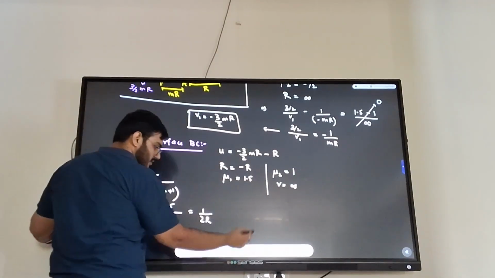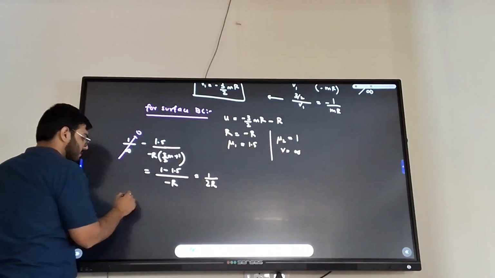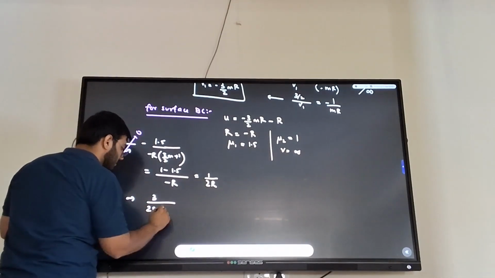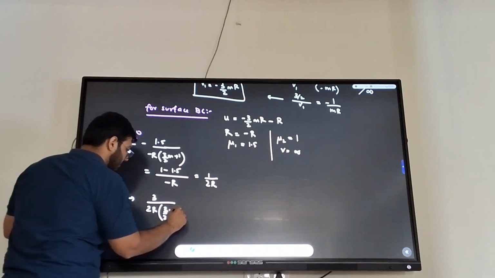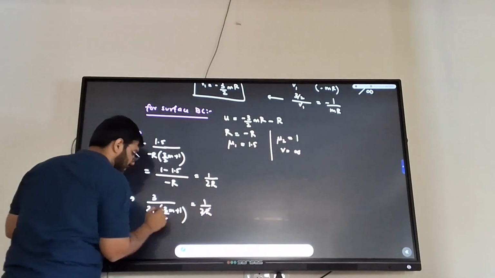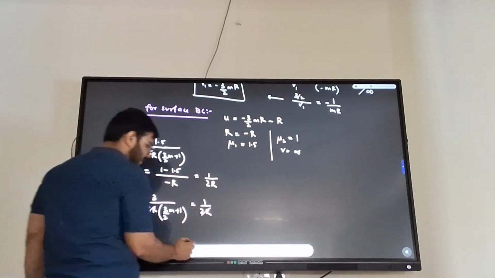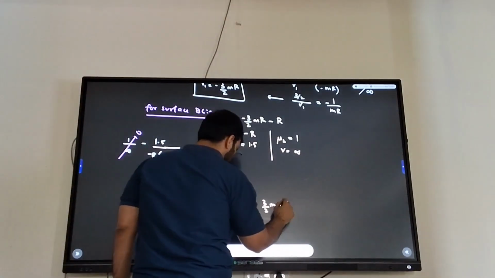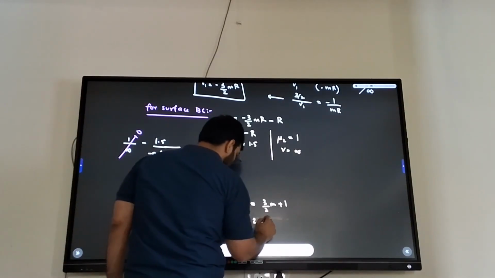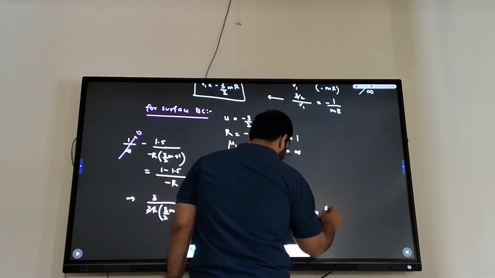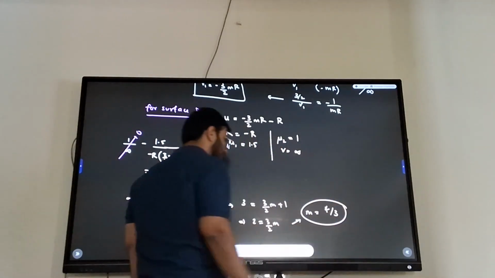Okay. And then what will you get? 3 by 2R, 3 by 2 m plus 1. This will be 1 by 2R. I think this will cancel. And then what will you get? 3 is equal to 3 by 2 m plus 1. This you will get as 2 is equal to 3 by 2 m. And then m is equal to 4 upon 3.